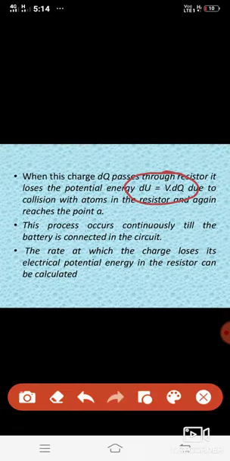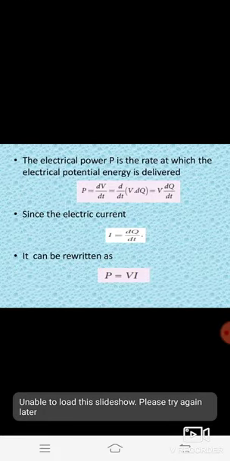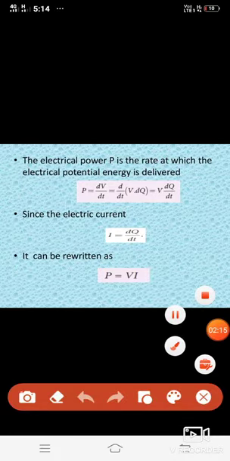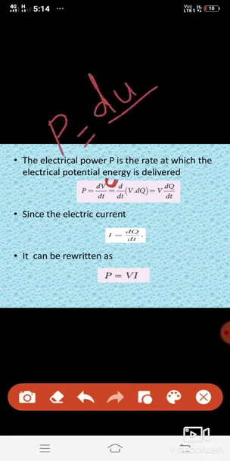So the rate at which the charge loses its electrical energy in the resistor can be calculated using the formula P is equal to dU divided by dt.